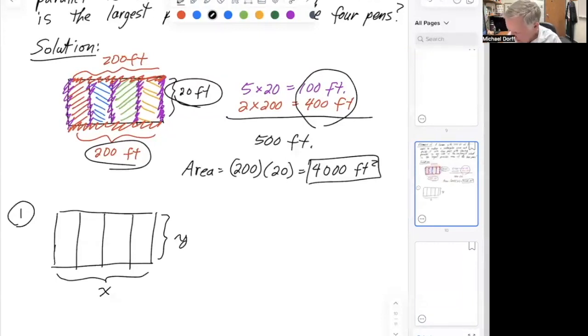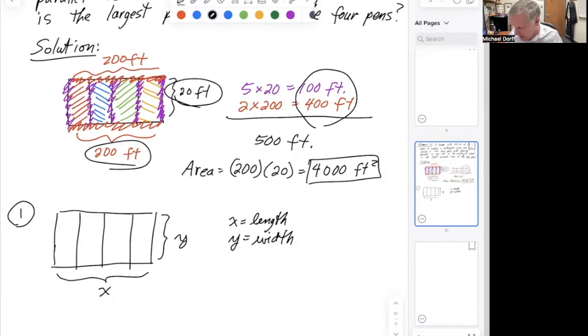So X is going to be the length of the bottom of the rectangle, and Y is going to be the width of the rectangle. And now the equation I'm given is that I have 500 feet of fencing.